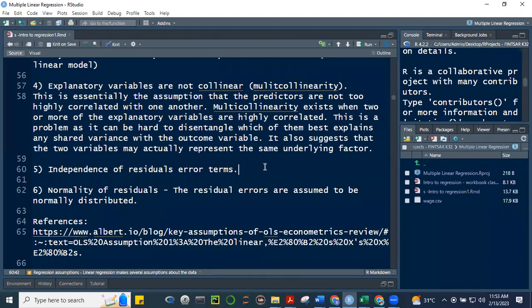Next, independence of the residual terms. That's number 5. So the residual terms, as I mentioned a while ago, should be independent. What are independent residual terms? They don't display a pattern, just like what we said a while ago. The residuals should be random.